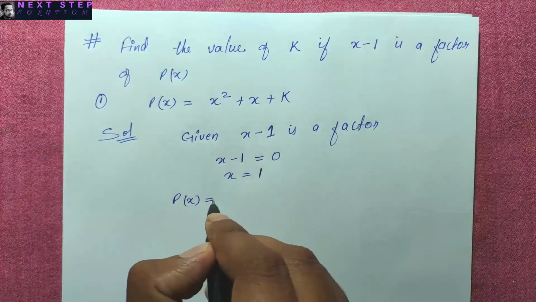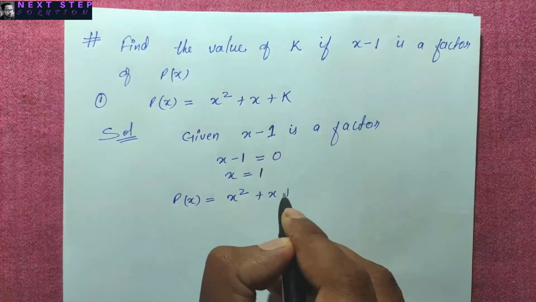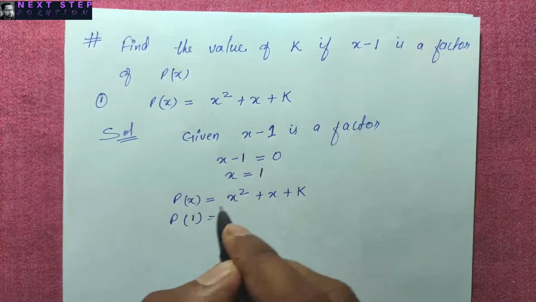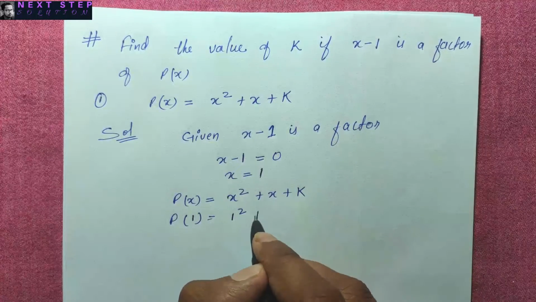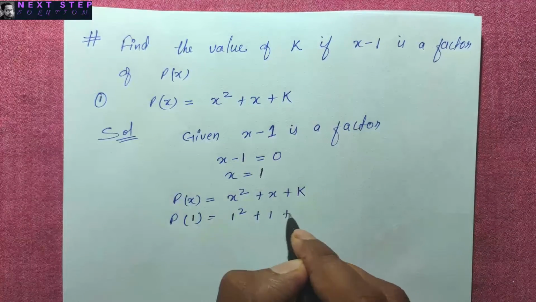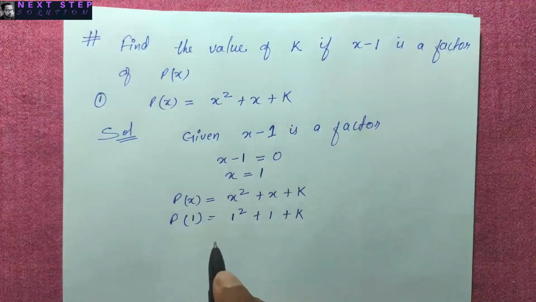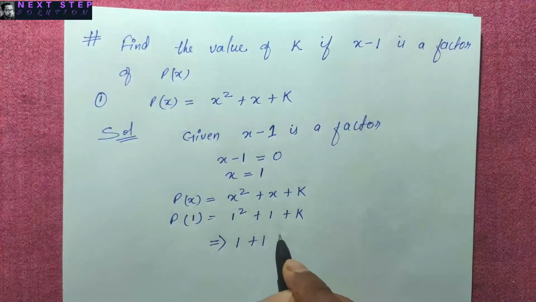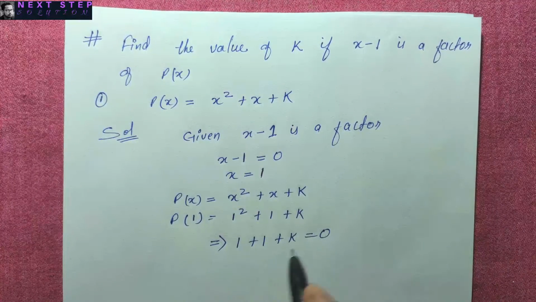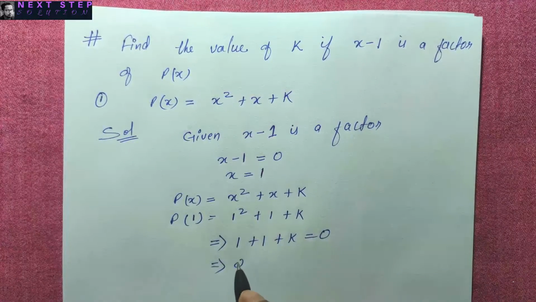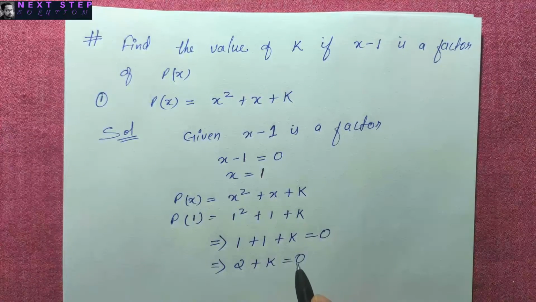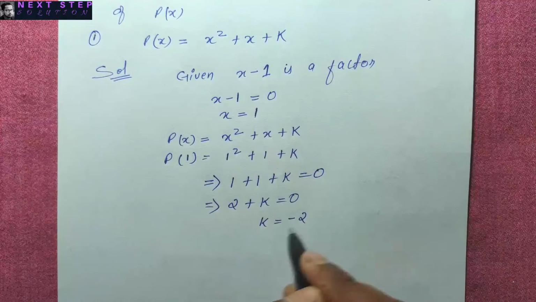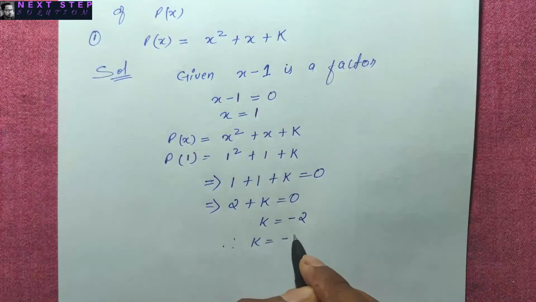P of x is equal to x square plus x plus k, and P of 1 equals, this x becomes 1, square will remain, plus this x will also become 1 plus k, and since they told you it is the factor, this should also be equal to 0. So 1 square is 1 plus k should be equal to 0. This implies 1 plus 1 makes it 2 plus k equals to 0, and if we find out k from here, 2 goes to the other side, becomes minus 2. Therefore k is equal to minus 2.